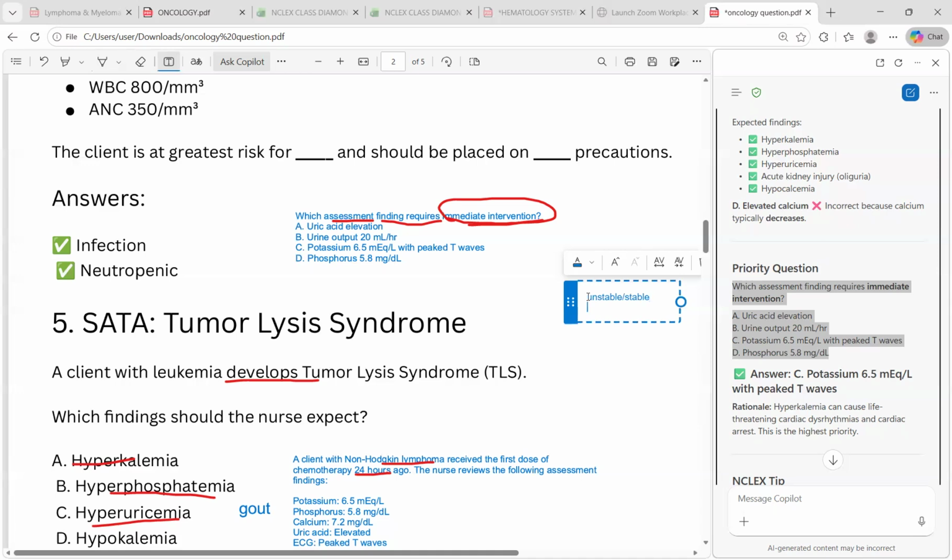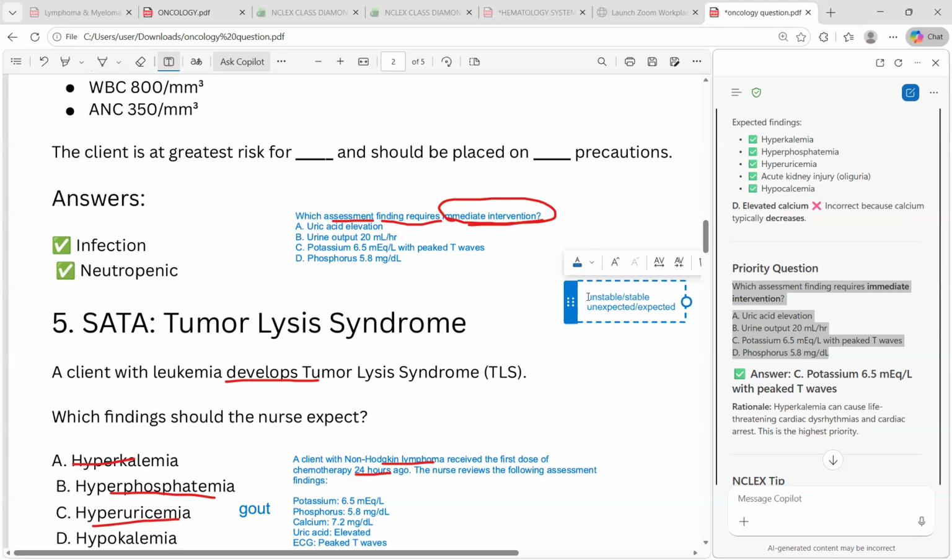And if it is a situation, unexpected versus expected. Unexpected means, for example, the client has developed a sudden problem.